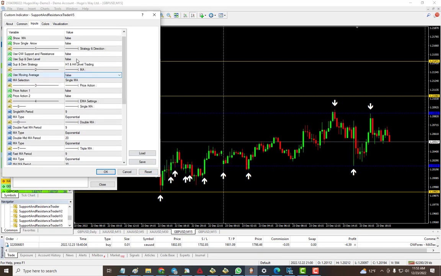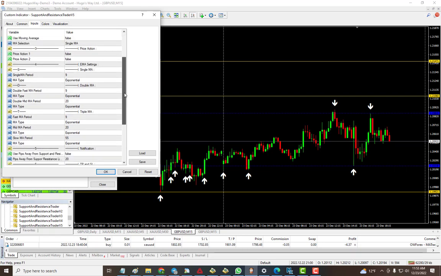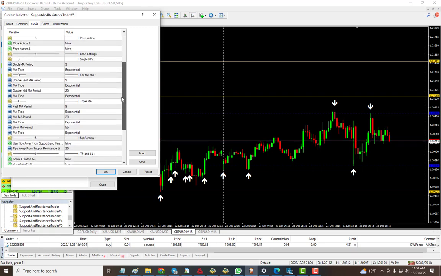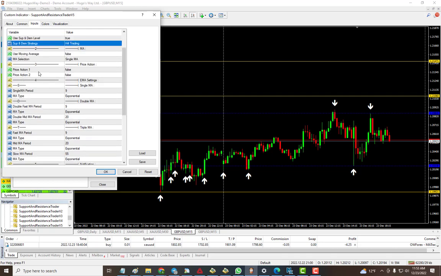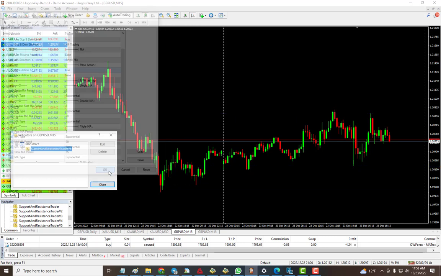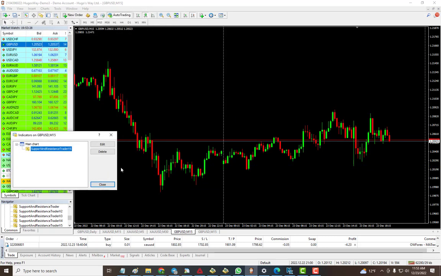So here I'm going to set this to H4, and I have also included our price action, so 1 and 2. I'll just go ahead and put this to true, and you see how this looks.